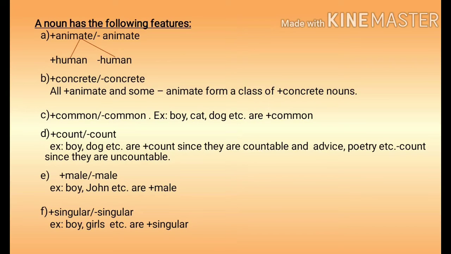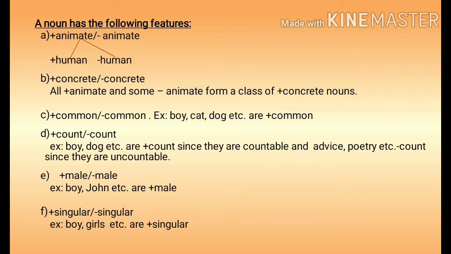A noun has the following features. First, plus animate or minus animate. Here plus indicates presence and minus indicates absence. Plus animate comprises plus human or minus human. Nouns which are plus human, for example boy, combined with nouns which are minus human, example dog, form a class of plus animate nouns.